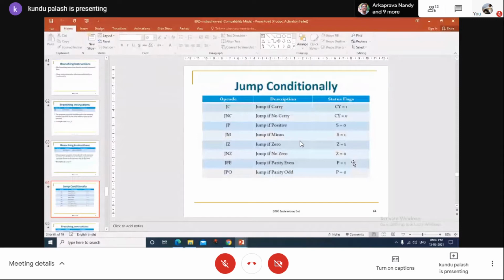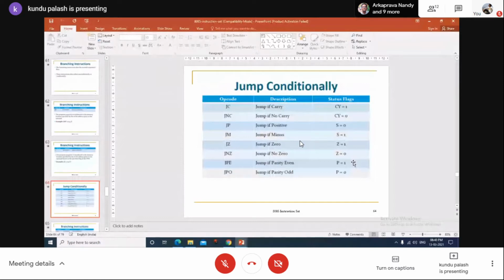And at the end of that subroutine residing from this memory location, the ending instruction will be return, RET. That I will explain. So the CPU will automatically come back to the part of the program where the calling has been done. That means just the next instruction automatically.